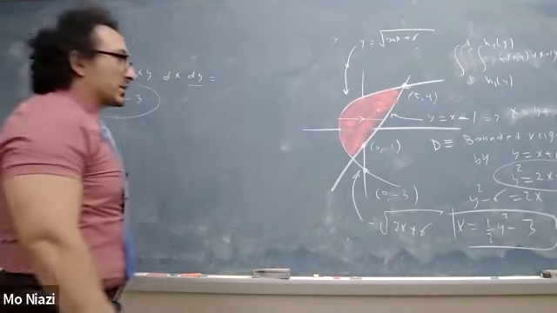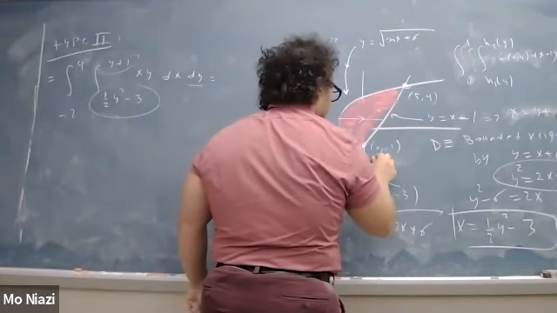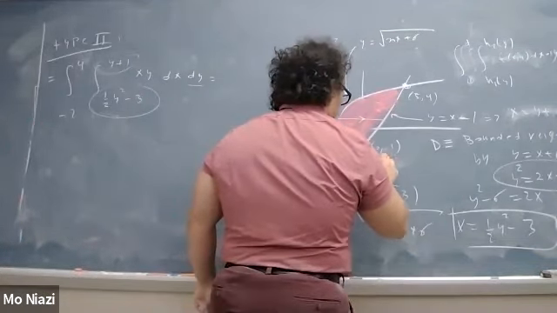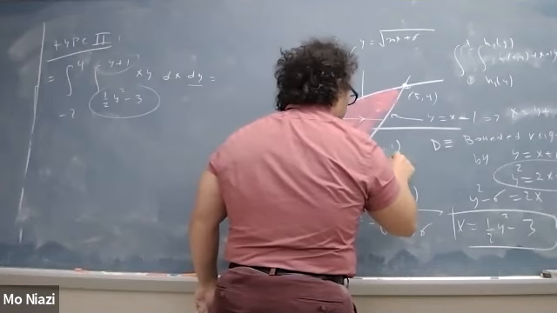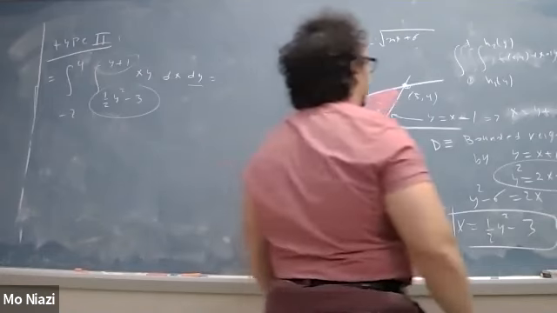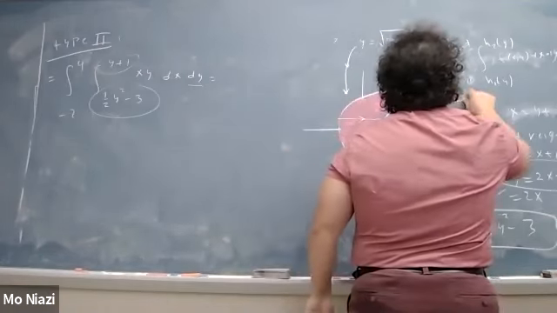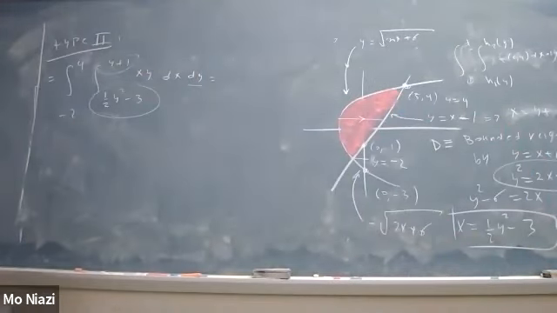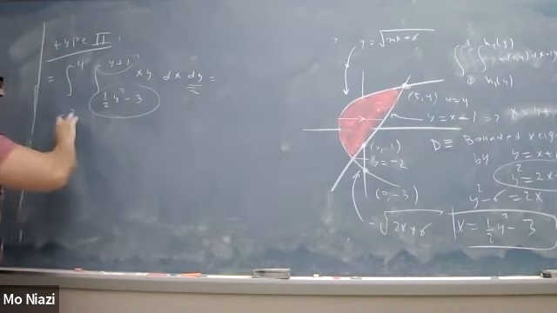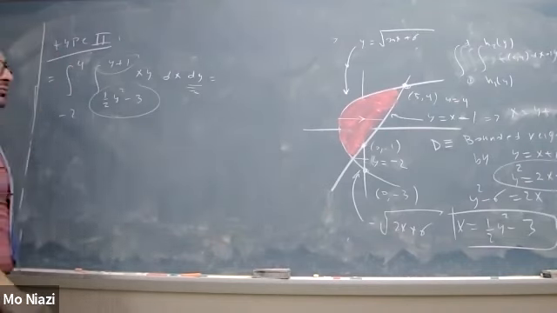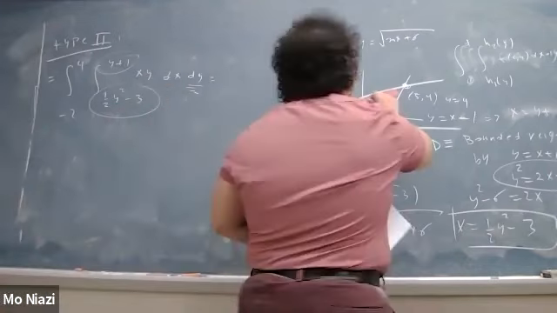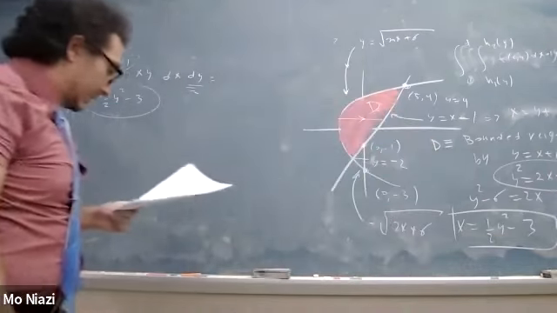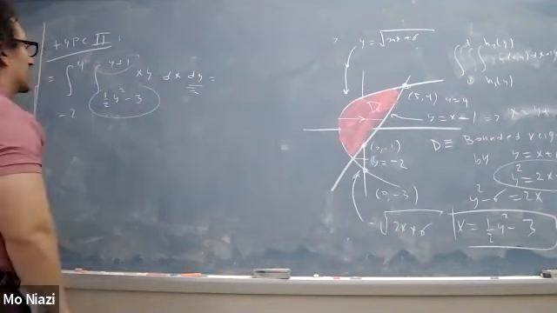And so the lowest value that this function assumes is at y equals -2. And the highest value it assumes is y equal to 4. You can easily calculate why that's the case. So that's why our limits of integration for y are the lower and upper bounds of the region D. Okay? Then we just compute the integral.